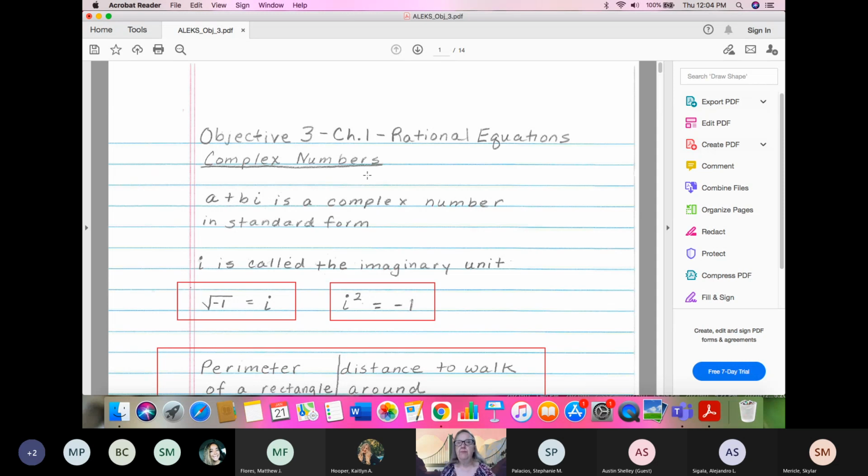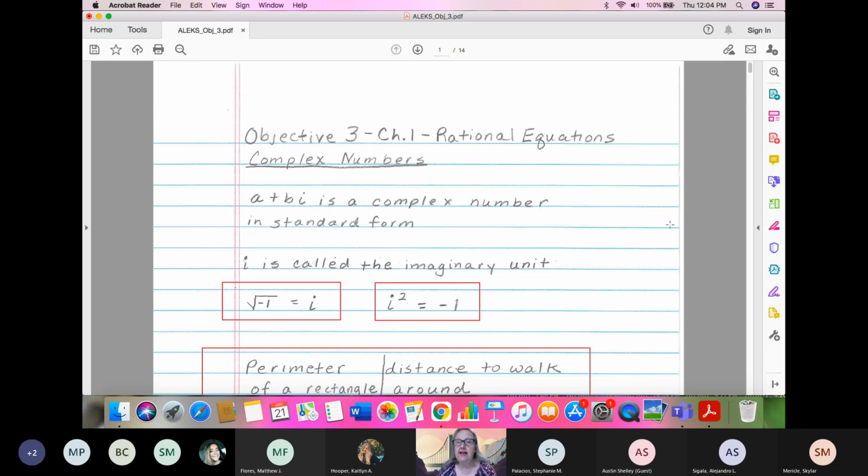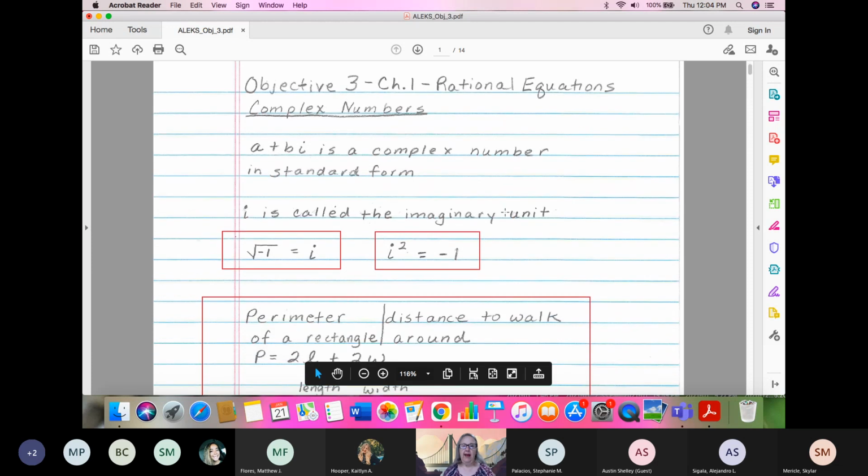Complex numbers came about because mathematicians discovered that the real number system isn't big enough for their needs. In particular, what happens if a mathematician wants to take the square root of a negative number?